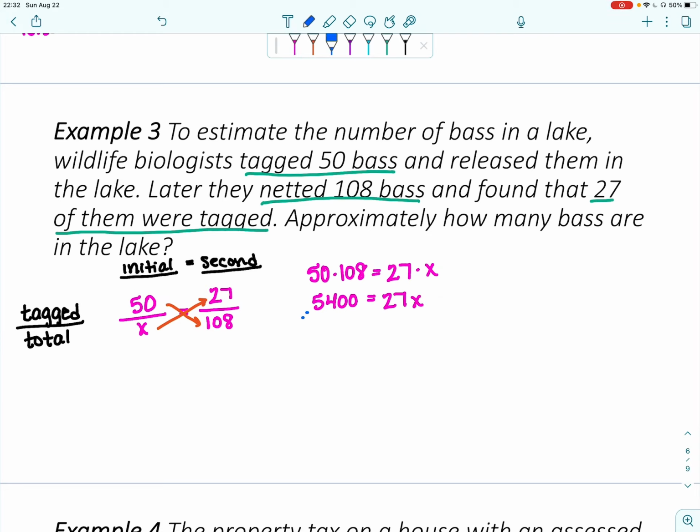We can solve for x by dividing both sides by 27. We get 200 equals x, and that's 200 bass. So there are 200 bass in this lake.